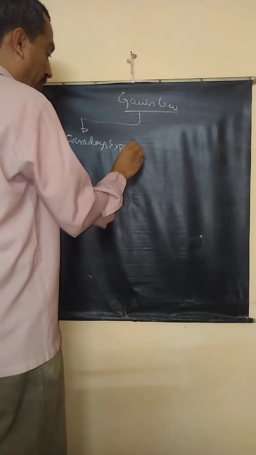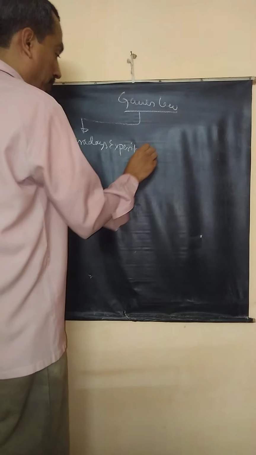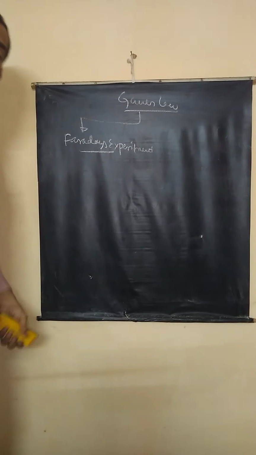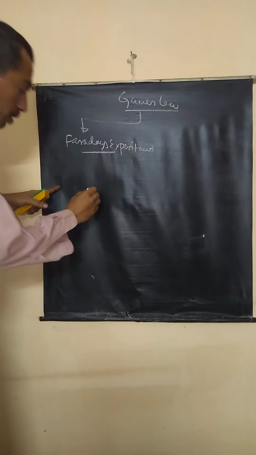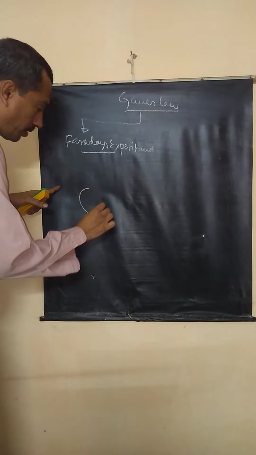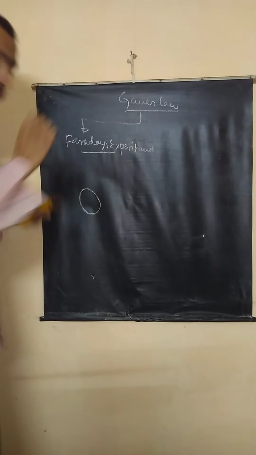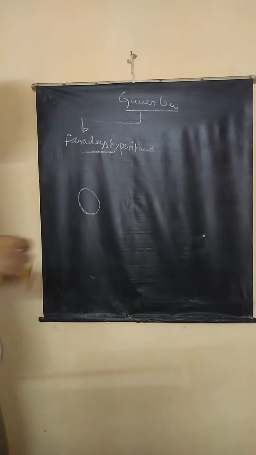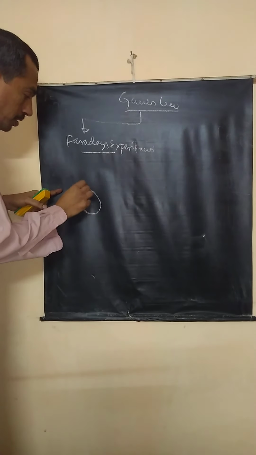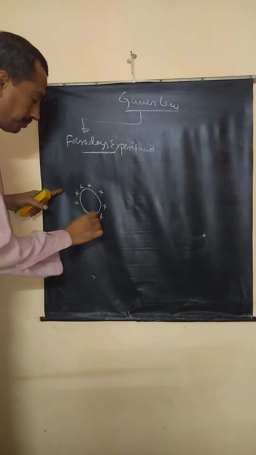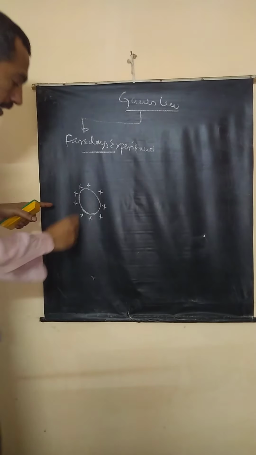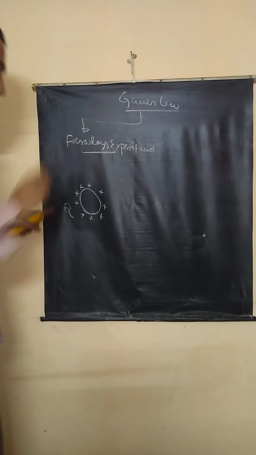Gauss quantified the results of this experiment. What was Faraday's experiment? He took a neutral, solid sphere. This sphere was loaded with charges. Let the charge on the sphere be Q coulomb.